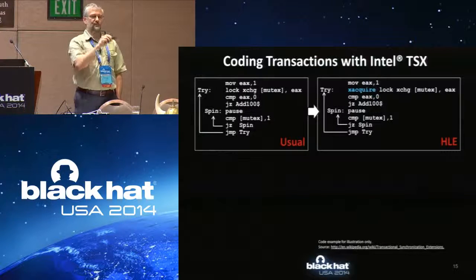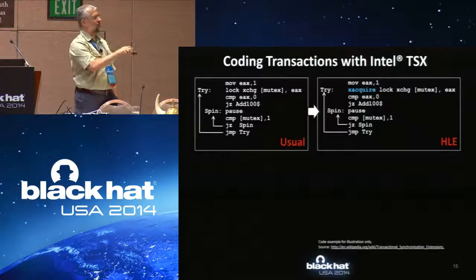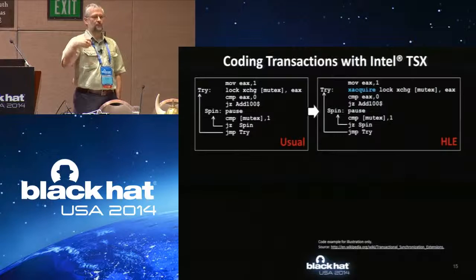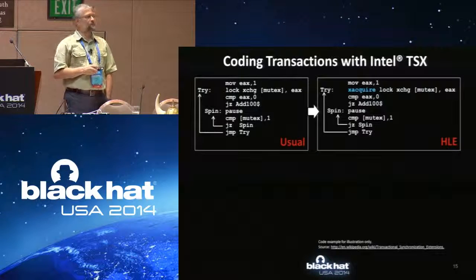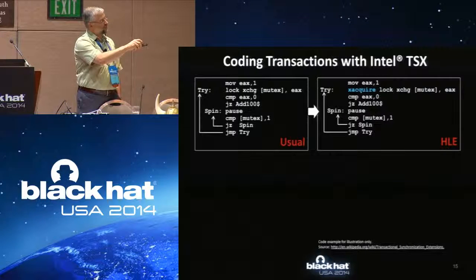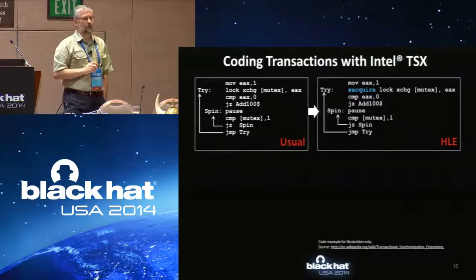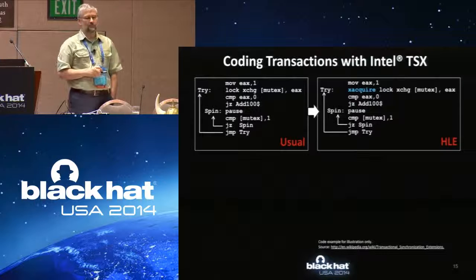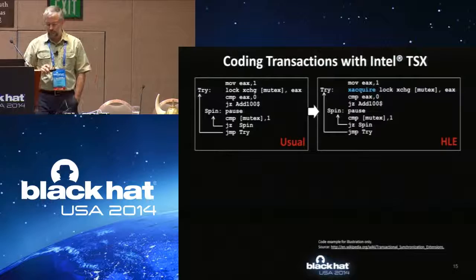But if somebody else writes to the same memory that your transaction, which starts with this XACQUIRE and goes all the way until you use XRELEASE, if something writes to the same location, the CPU would come back to that point and do the same thing again, but only without that transactional mode. So essentially, it reverts to the previous behavior after trying once. In many cases, that actually produces a hell of a performance improvement.